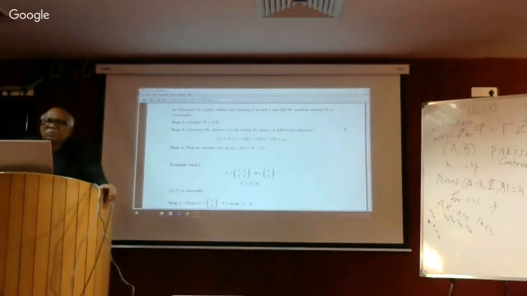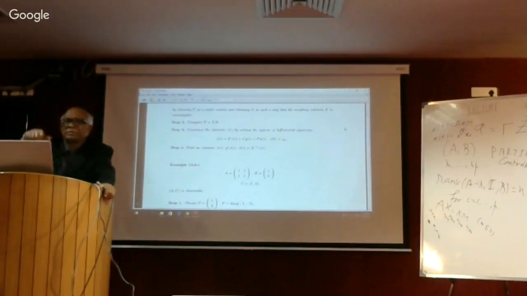That means A, C has to be an observable pair. That means the observability matrix C, CA, up to CA to the n minus 1 has to have full rank.